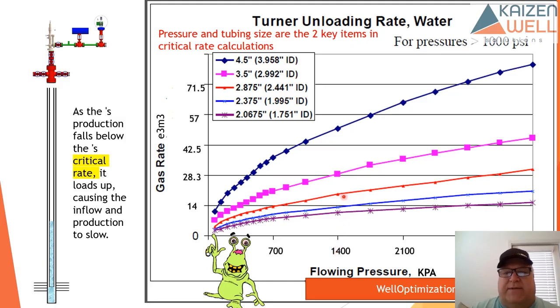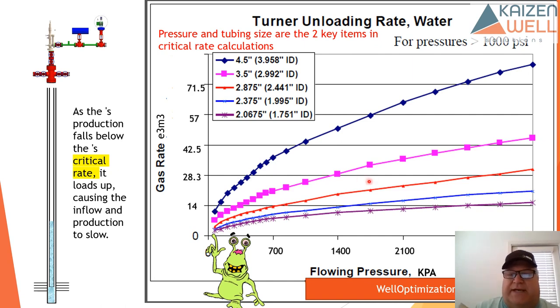And that same flow rate in 2 7/8 tubing is this line here. So we go from 14, intersect, and run this across, and it's probably around 20 E3, or say 650 MCF a day.